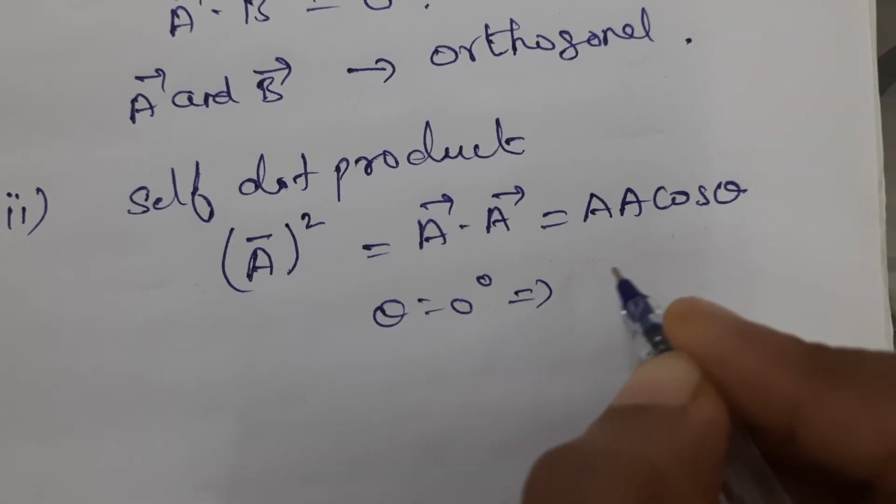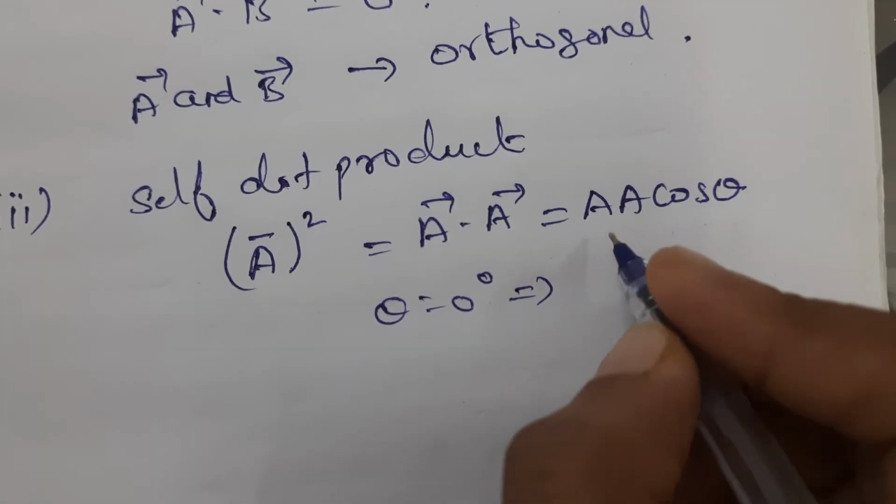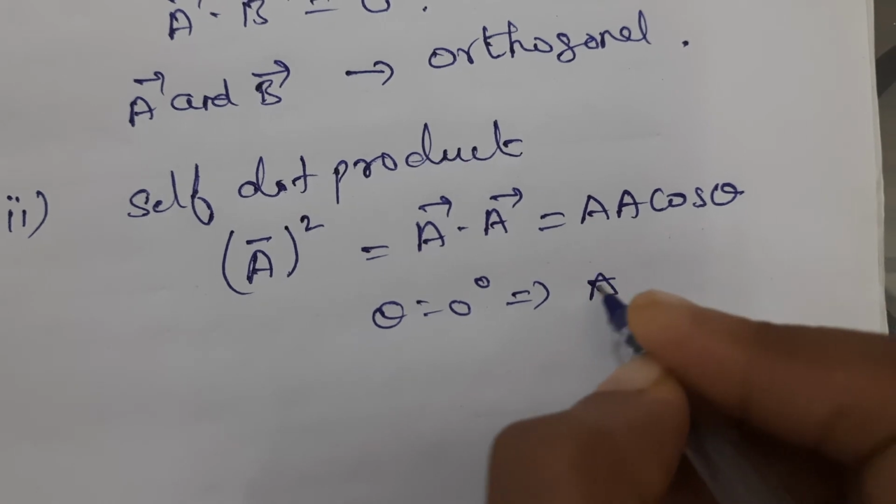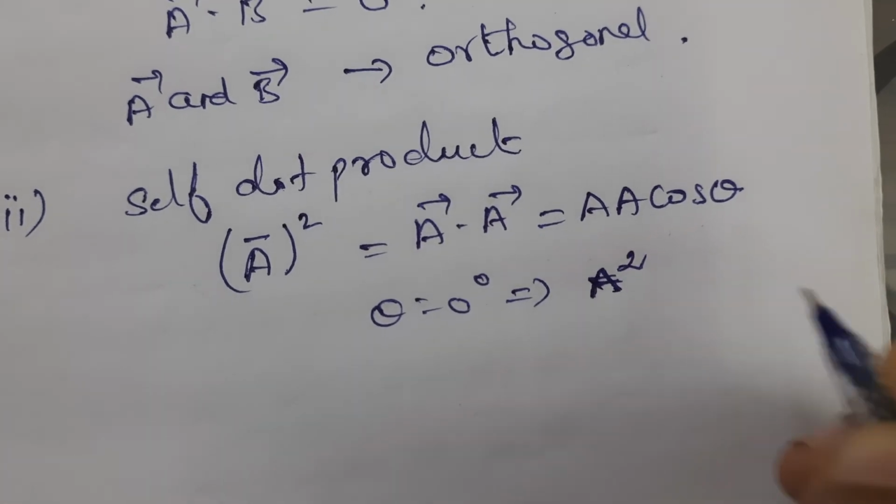So we can write AA cos 0, that is A square.